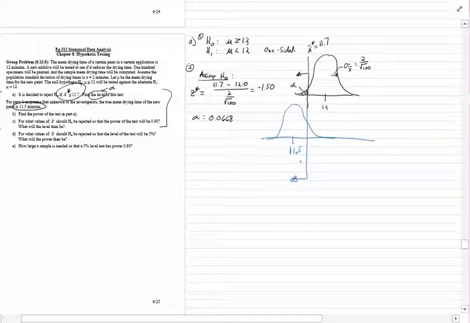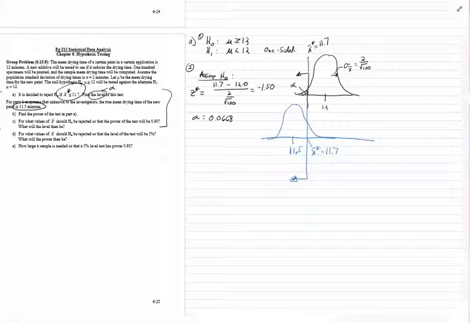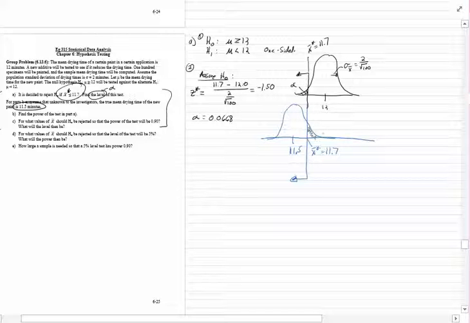So this value is still, that value is x bar star, 11.7, right? So now that is that green shaded region. Is that the power or is that beta? Beta, right? It's not a rejection region, which means we would fail to prove the hypothesis when it really is false. So that's beta.